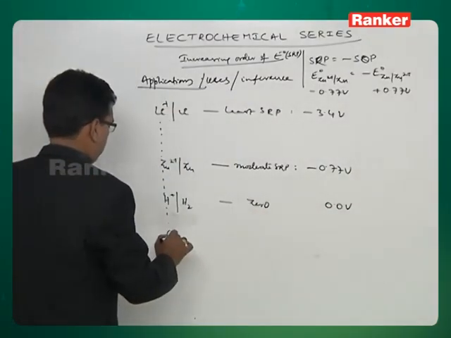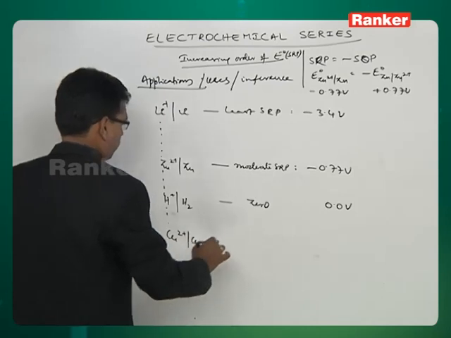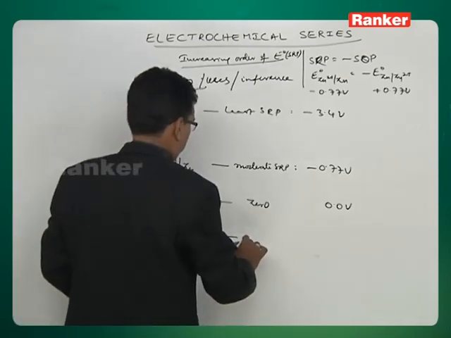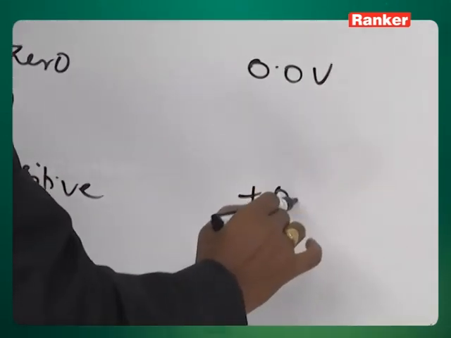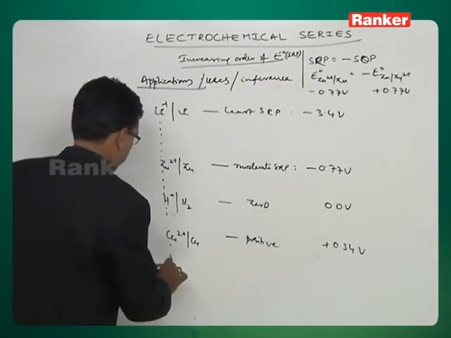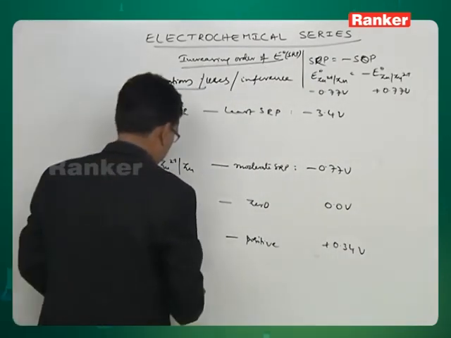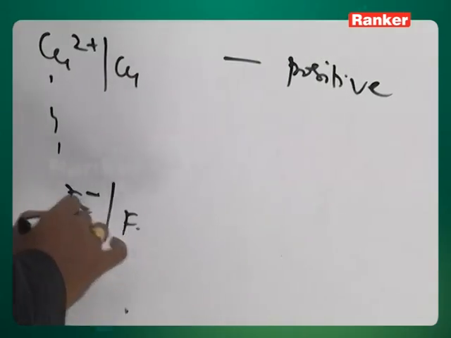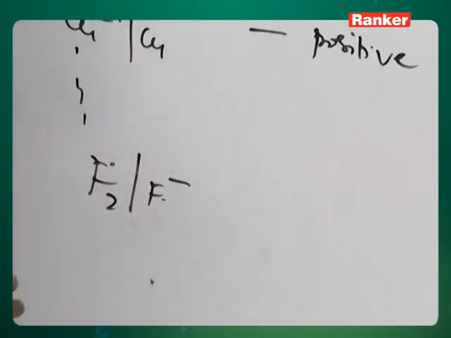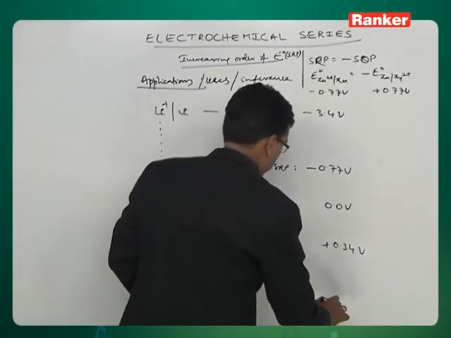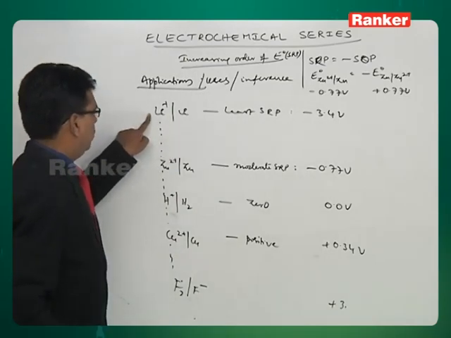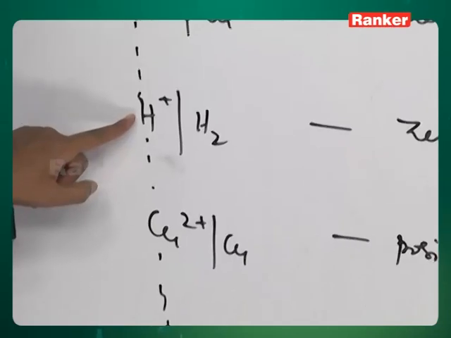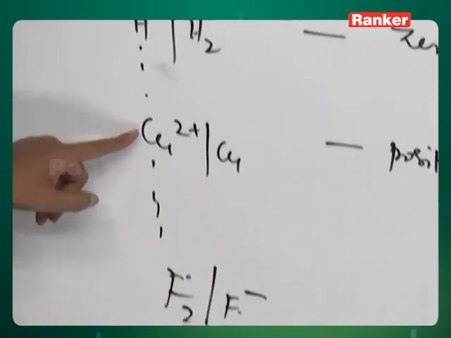Then copper having a positive value, plus 0.34 volts, and last of course fluorine, some plus 3. So, as you can see: highly electropositive, moderately electropositive, hydrogen, least electropositive, highest electronegative. This is the sequence.